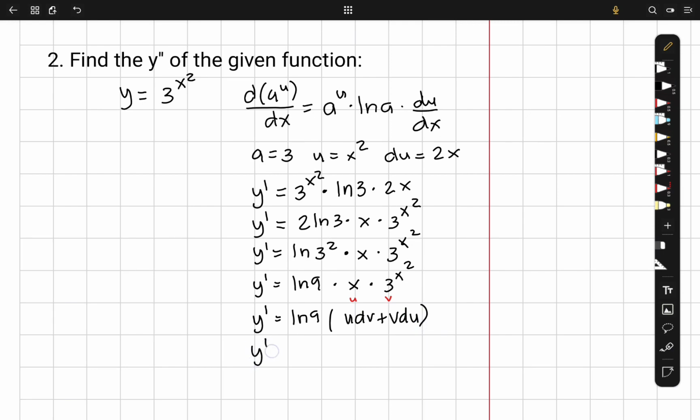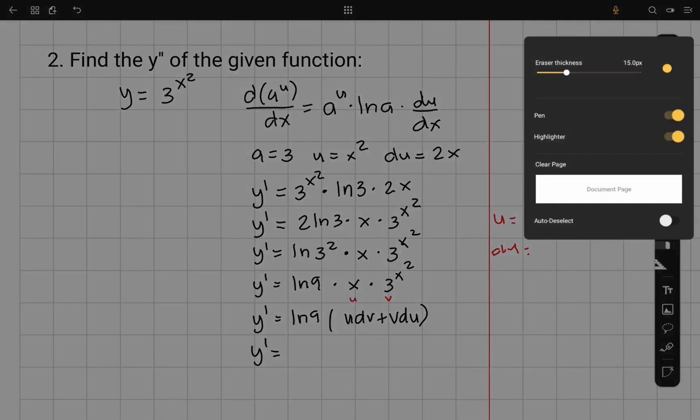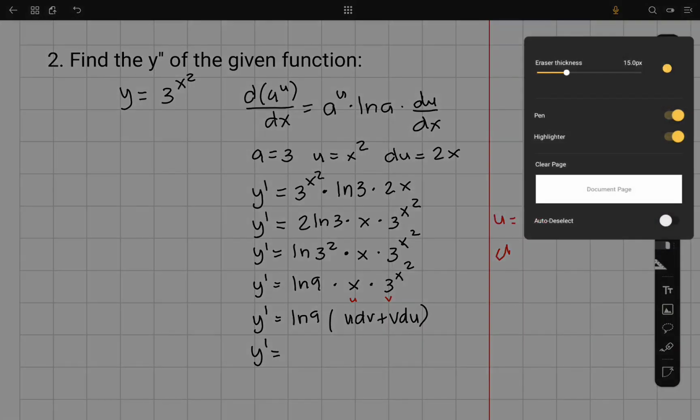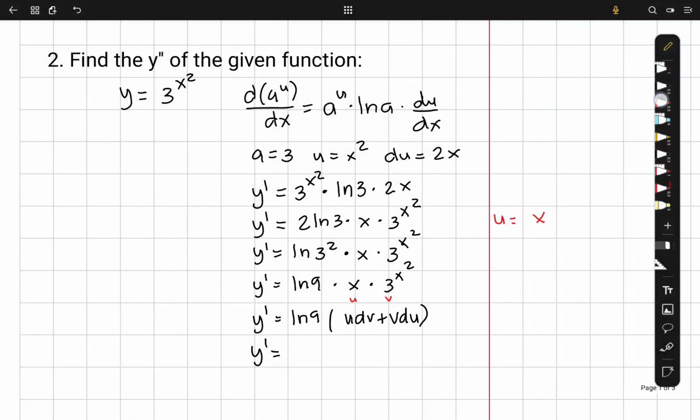So, y prime is equal to, so, yung u natin is equal siya sa x. So, yung derivative ng u, that is 1.